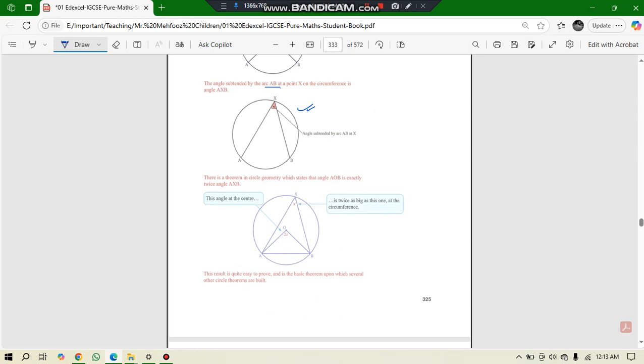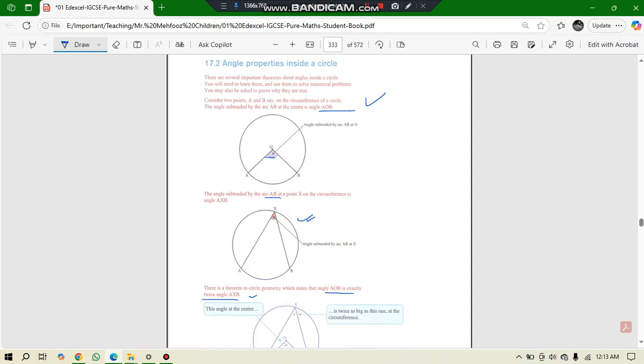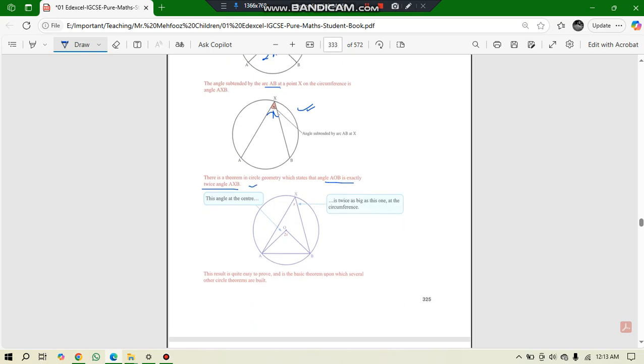That theorem states that angle AOB is exactly twice the angle AXB. So it means that this will be 2x if this is x, right? So the angle at the center of the circle is twice the angle at the circumference.